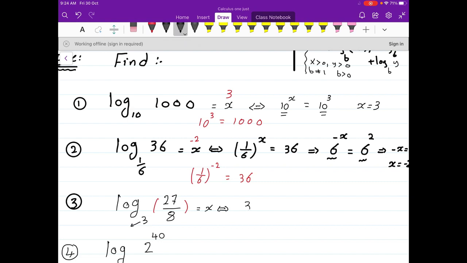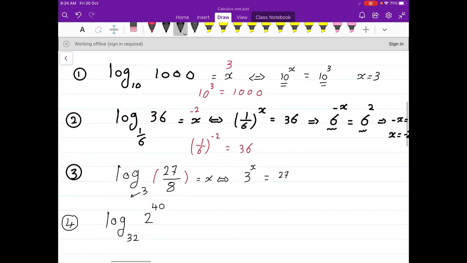This is equivalent to 3 over 2 to the power x equals 27 over 8.